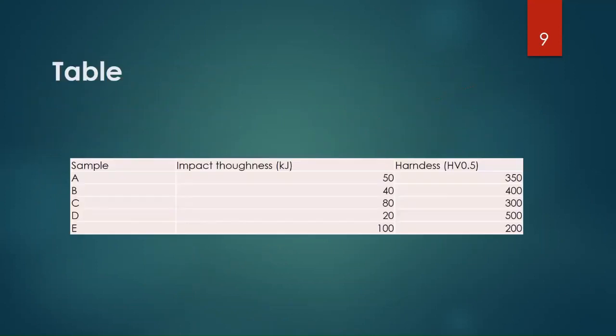Let us look at this table. Well, we see samples A, B, C, D, E. The second column is impact toughness, and the other is hardness.